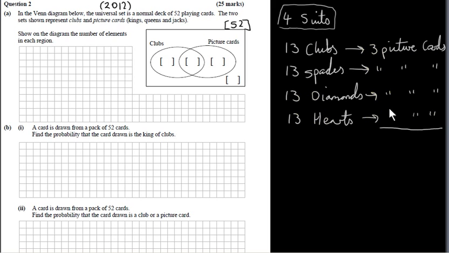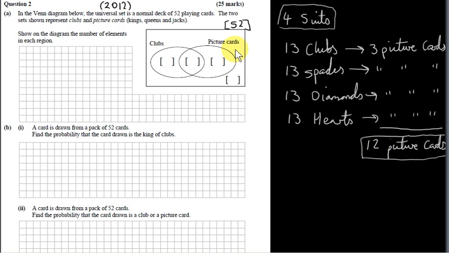So how many picture cards do we have in total in a pack of 52 playing cards? We have 3 plus 3 plus 3 plus 3. That's 4 threes, which is 12. So that's the total number of picture cards in a pack of 52 playing cards.